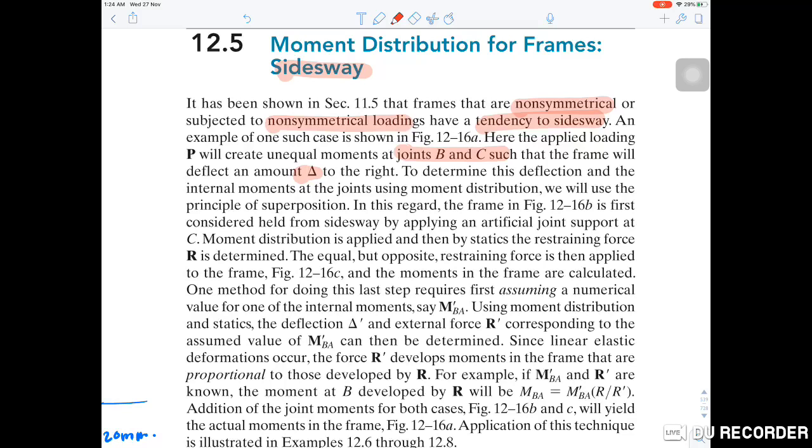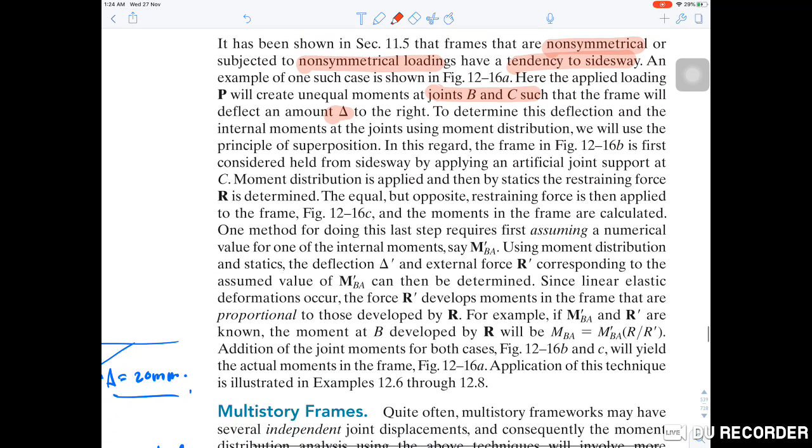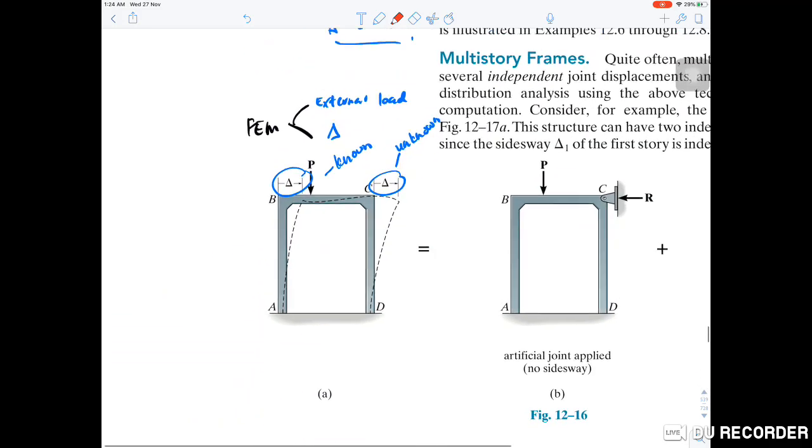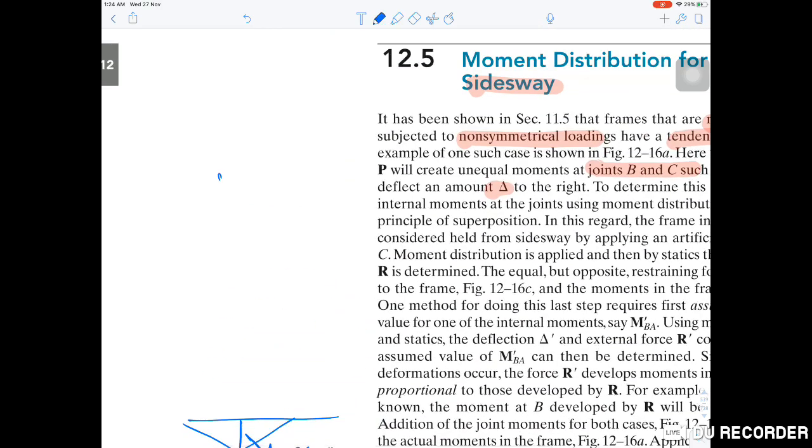Frame with sidesway, whether it moves to the right or to the left, is an assumption. Normally, if we are not sure of the direction of the frame, we can assume the frame tends to sway to the right. However, sometimes there is a horizontal force coming from the right, like this, which clearly shows that the frame tends to sway to the left.